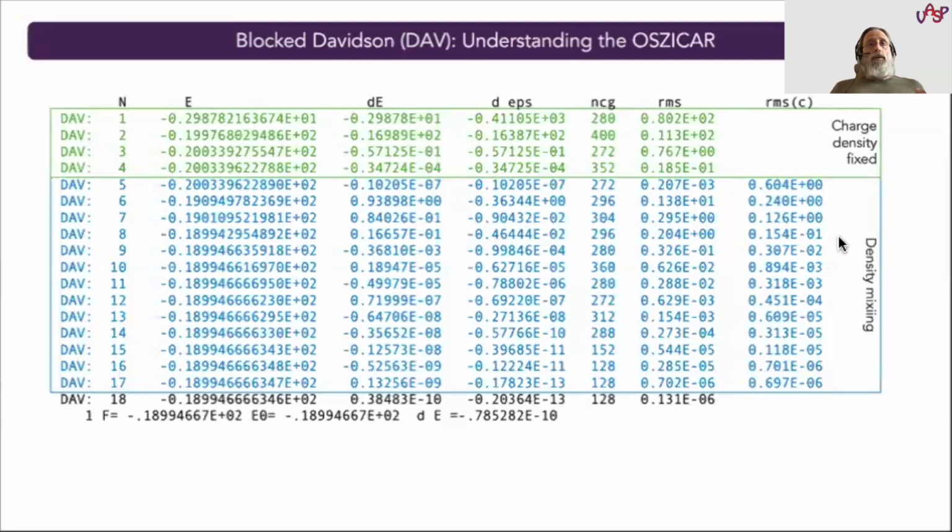Depending on how strongly you mix, for instance, the size of the mix might determine how many steps it will take before you drop by an order of magnitude. But if this gets stuck at some value, then you're no longer converging. Then it's simply doing something, even if this might become smaller, but your system has stopped converging.